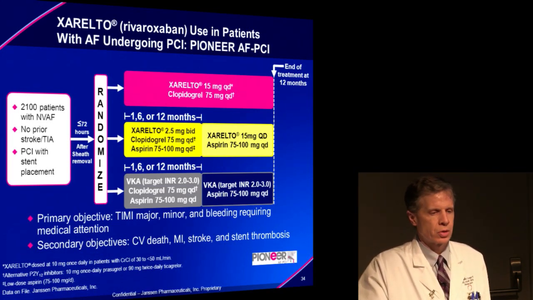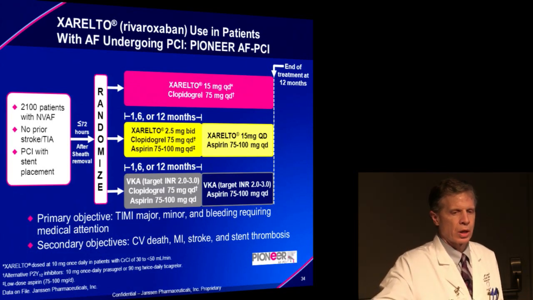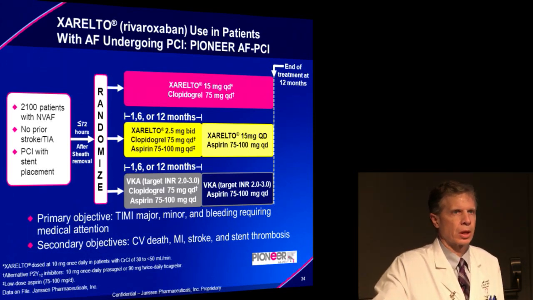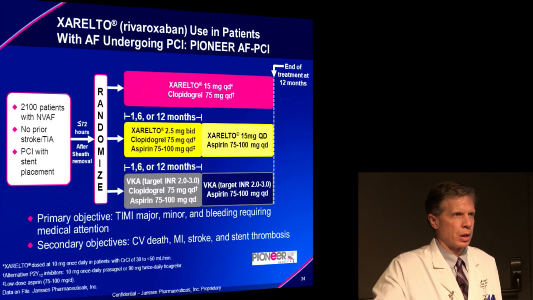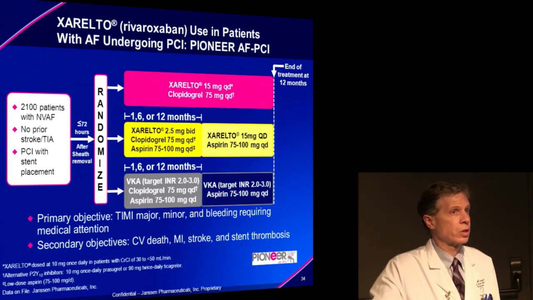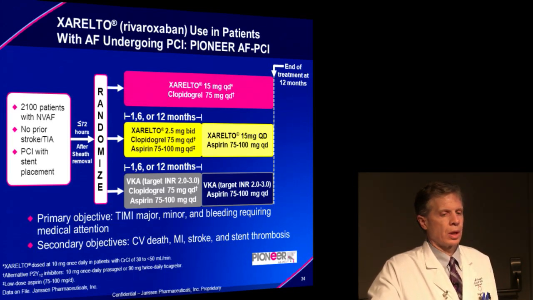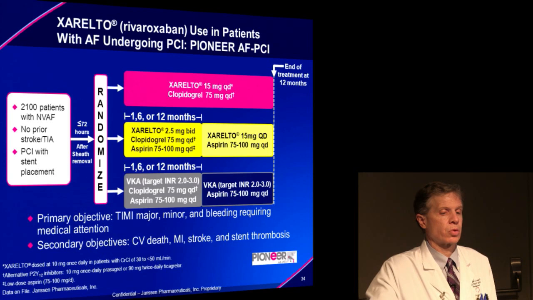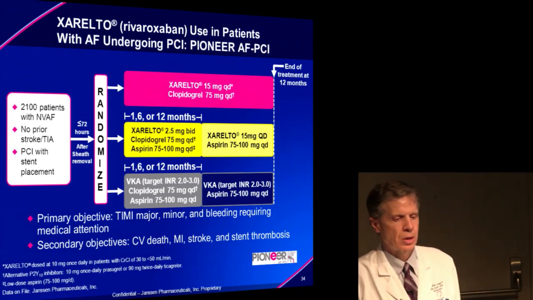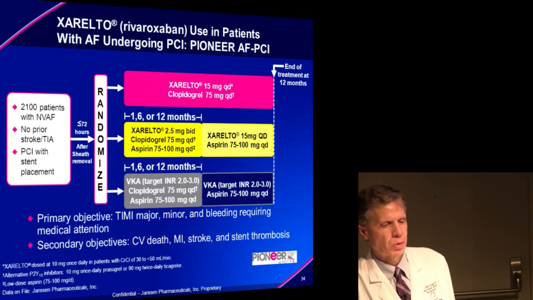It's a small study, only 2,000 patients looking at bleeding, but it's looking at rivaroxaban and a couple of different strategies. One is to use clopidogrel alone, another is to use clopidogrel and aspirin, and then another is warfarin, clopidogrel, and aspirin. So I think this will add to the information at least about bleeding.